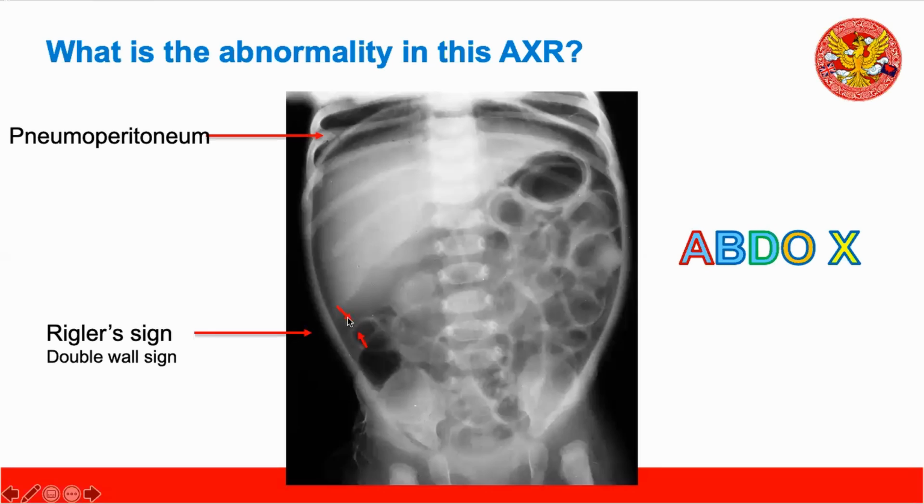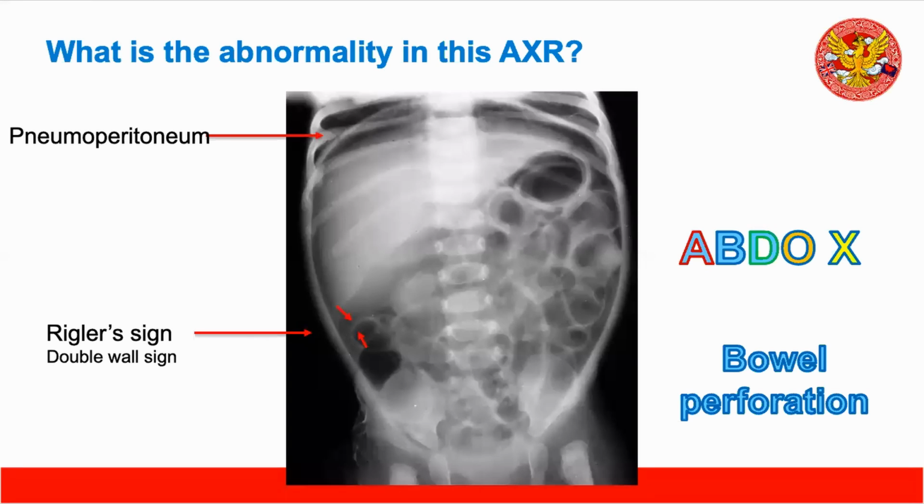This is a double wall sign and is quite difficult to tell, but is basically suggestive of air being both inside the bowel and outside the bowel. Coupled with the pneumoperitoneum, it's suggestive of bowel perforation. To be honest, I think a chest x-ray is better when you're suspecting bowel perforation, because a pneumoperitoneum is easier to identify than Rigler's sign, but it's just a sign that might be useful for you to be aware of.